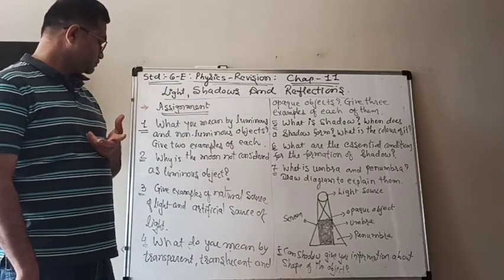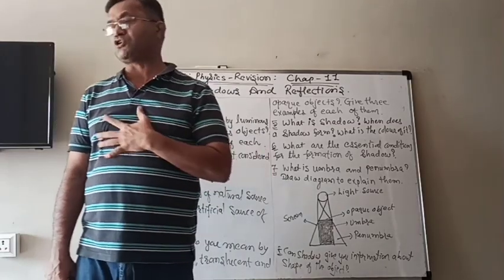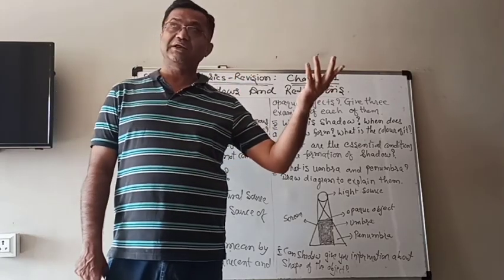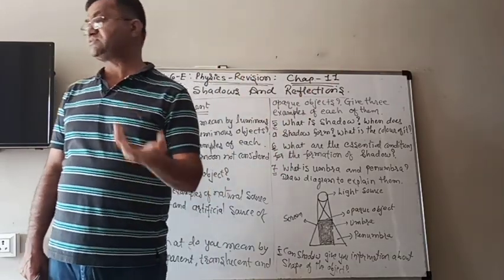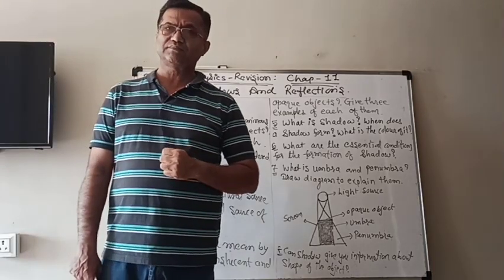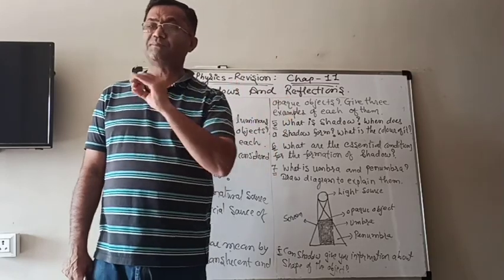And the others are non-luminous objects like wood, mirror, metals, stones. They don't emit their own light. So they are known as non-luminous objects.